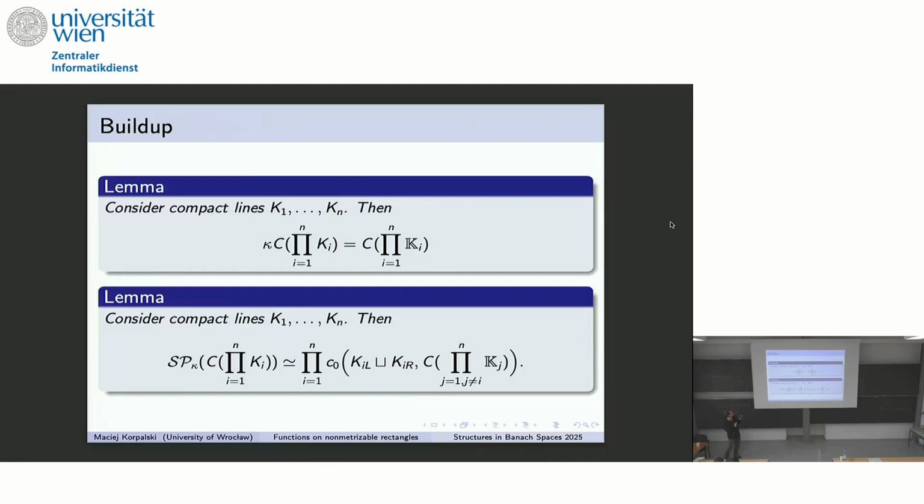But let's not delve into details. The most crucial thing in this product is that this is some big product of spaces C of K, where K is a product of n-1 compact lines of the same character. So here we have n compact lines, here we have n-1 compact lines, as we know, the Semadeni-Pełczyński derivative goes through the C0 products.